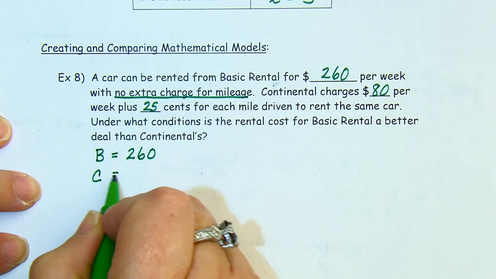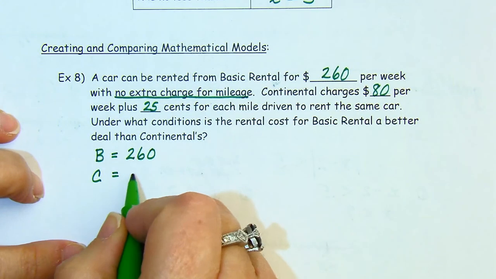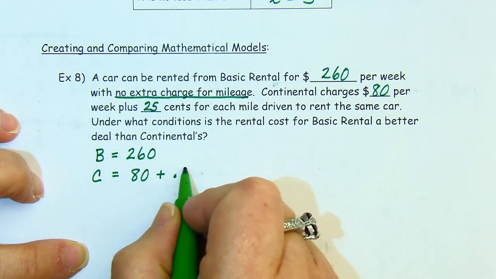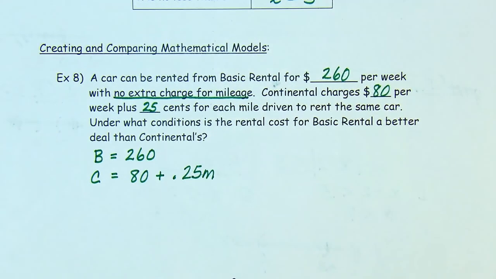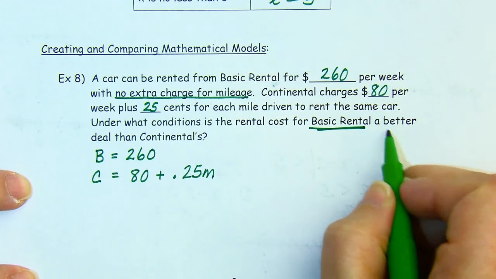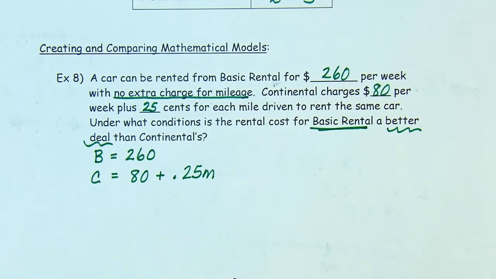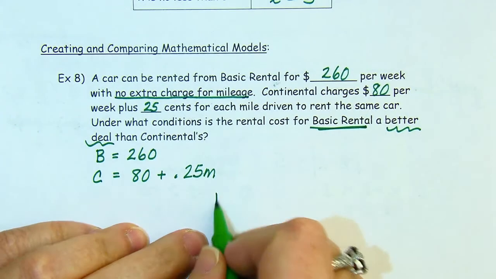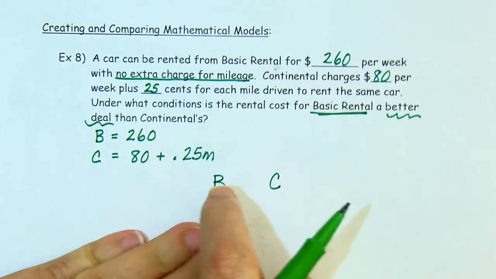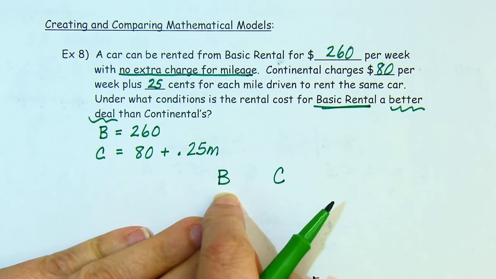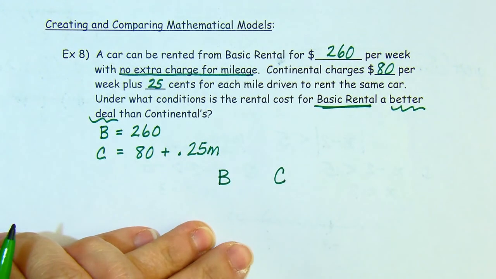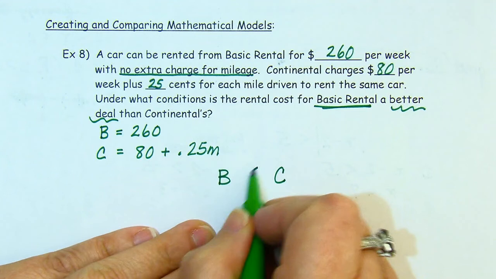Continental cost is $80 plus 25 cents for each mile, 0.25 M. Now, if I want Basic Rental to be a better deal than Continental, so I'm doing a comparison between Basic Rental and Continental. If I want this to be a better deal, would it cost more than this or less than that? Well, you should say less than.